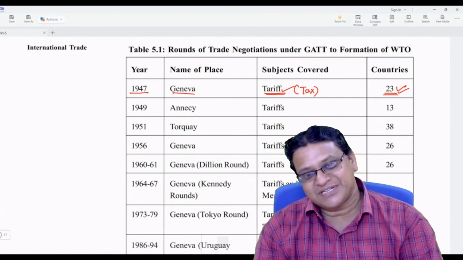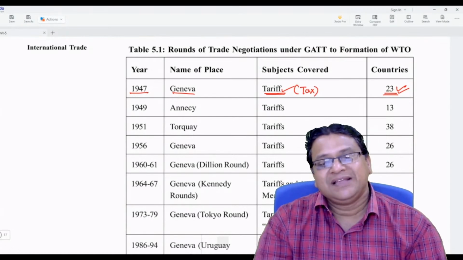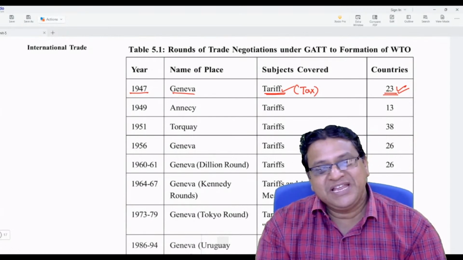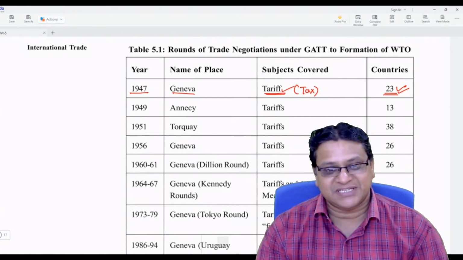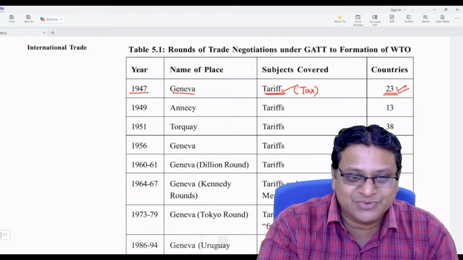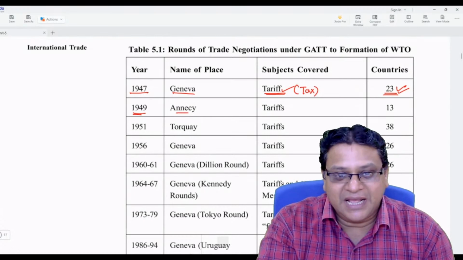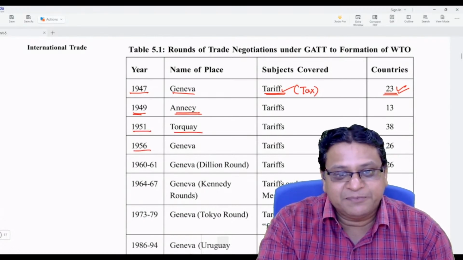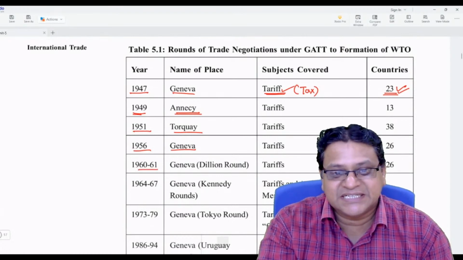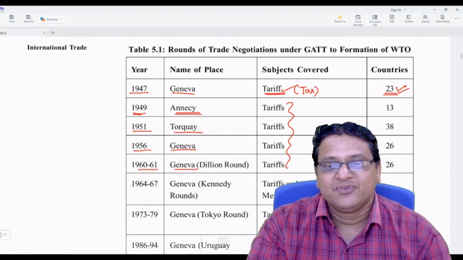If there will be international trade, how the tariffs will be reduced, so that there will be ultimately free flow of goods and services between different countries. Next round of negotiations was made in 1949. It was in Annecy. 1951 in Turkey, 1956 Geneva, 1960-61 Geneva, and all these times the tariff was the main point of discussion.